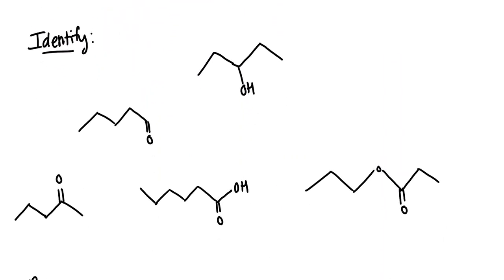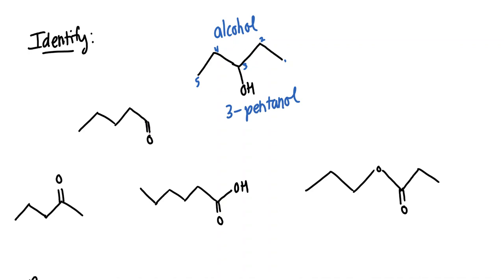If you want to pause and write these down, all I'm going to do with these is just classify by their family type. Let's see, so let's start up here. When it has just an OH, it's an alcohol. And this one is 3-pentanol.